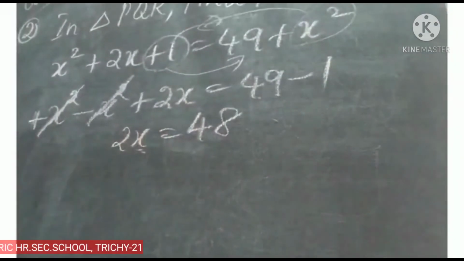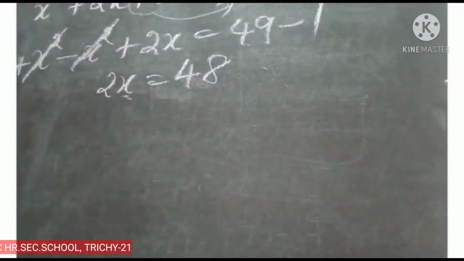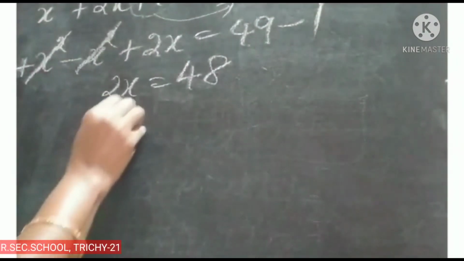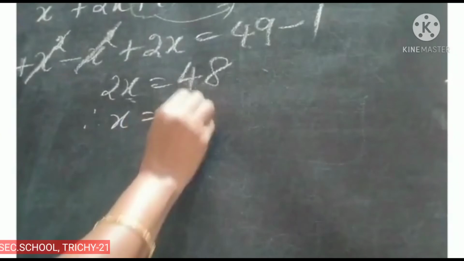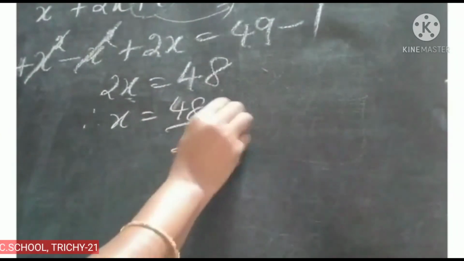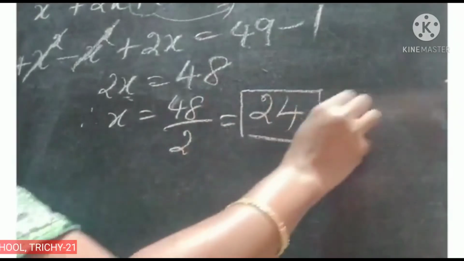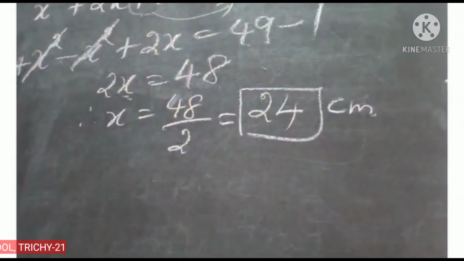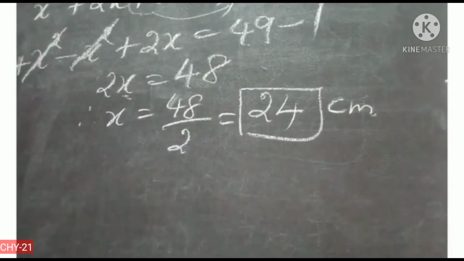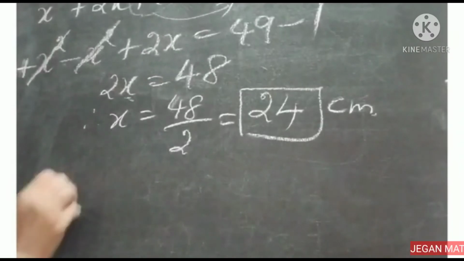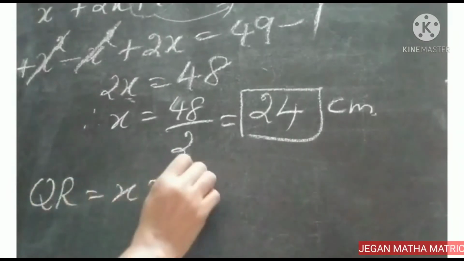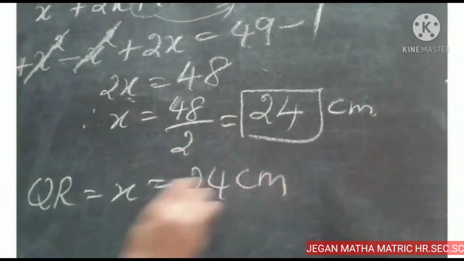We want to find out the value of x only. So 2x equal to 48. Therefore x equal to 48 divided by 2, that is 24 centimeter. That is the base, QR equal to x equal to 24 centimeter.